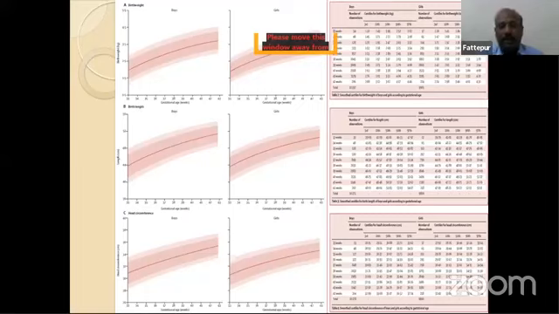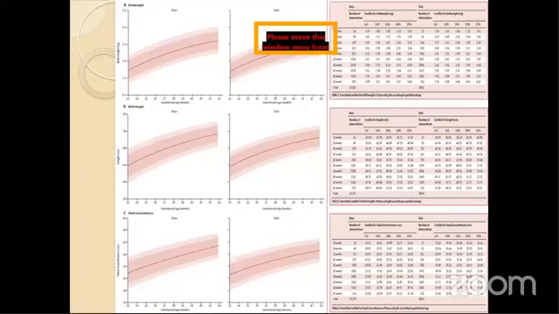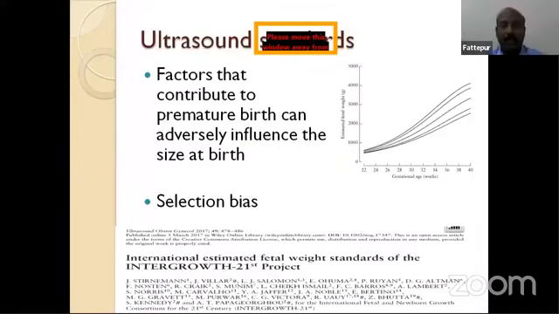Some people were saying, okay, we are plotting the babies who are born preterm, but there are many factors which affect preterm babies and make them deliver early. These factors will also influence their weight, length, and head circumference. So they said, why can't we have the ultrasound measurements as the ideal?